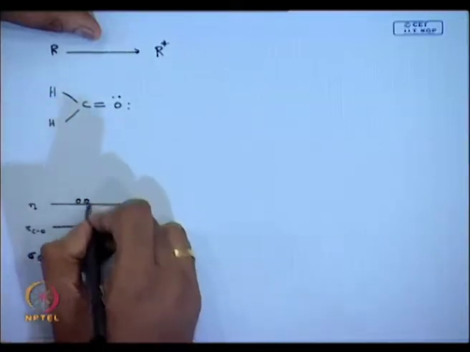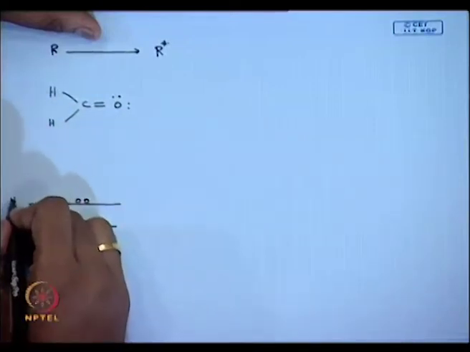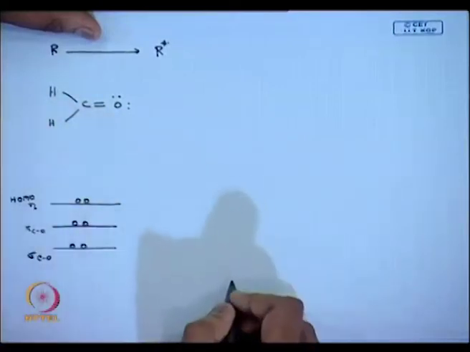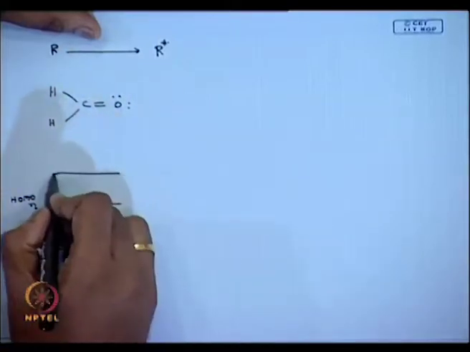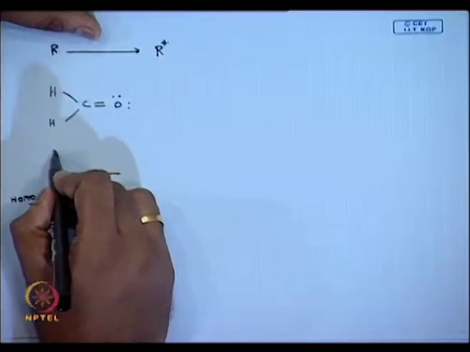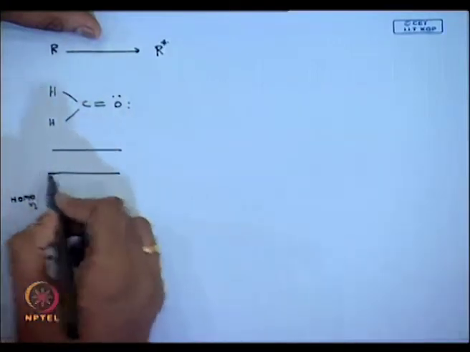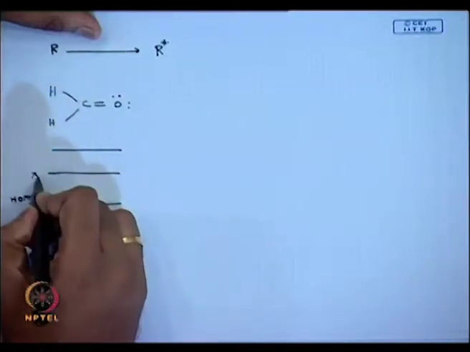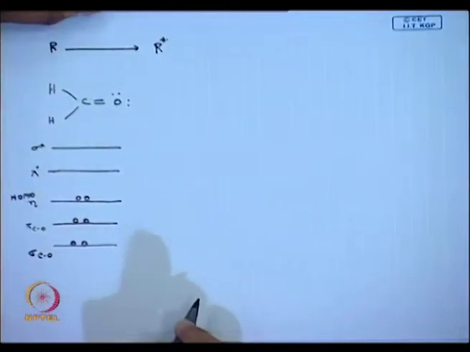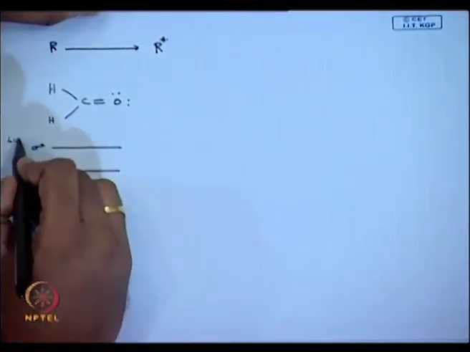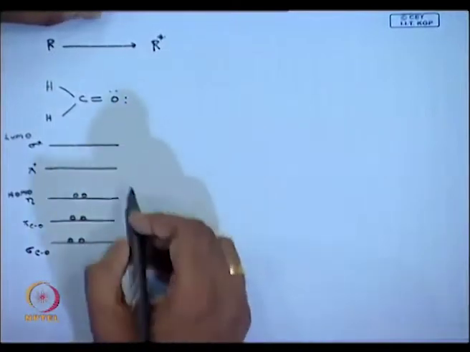So, you have a, this we will consider as the HOMO, then we will write a sigma star, the LUMO of this, right.